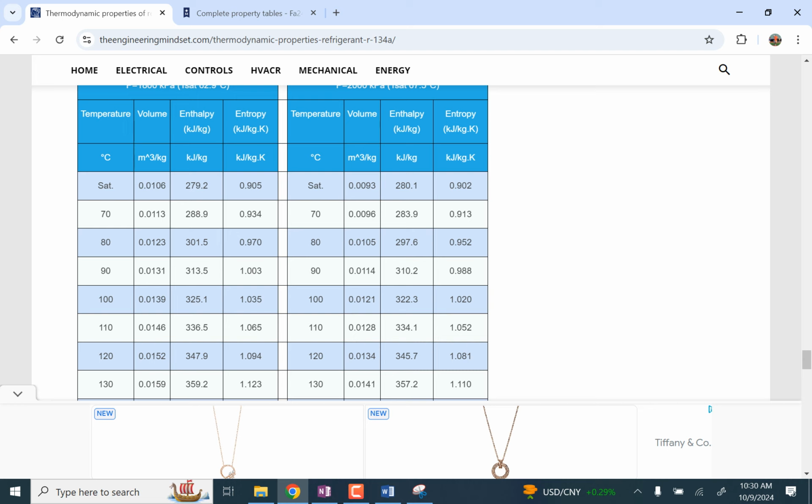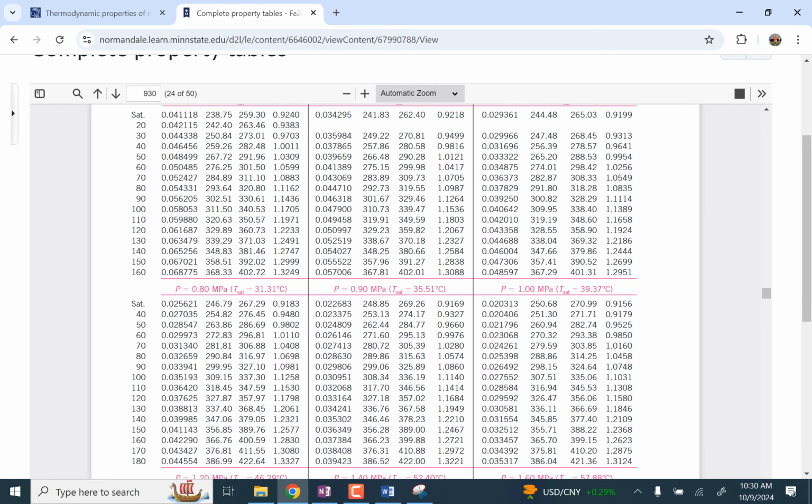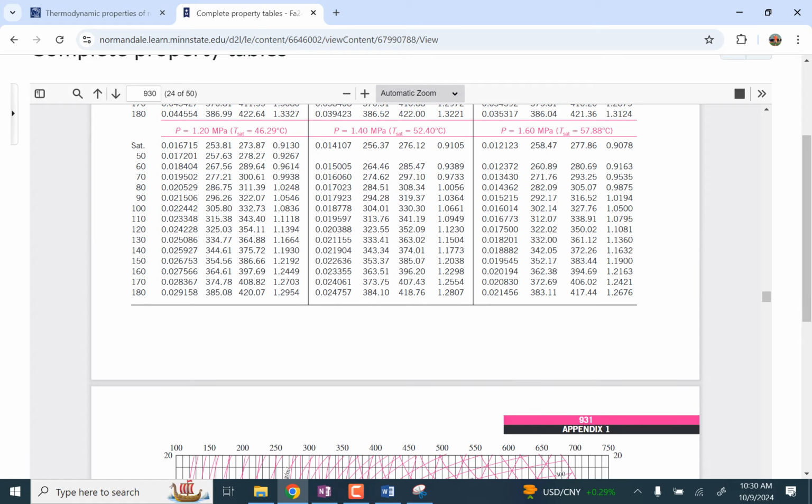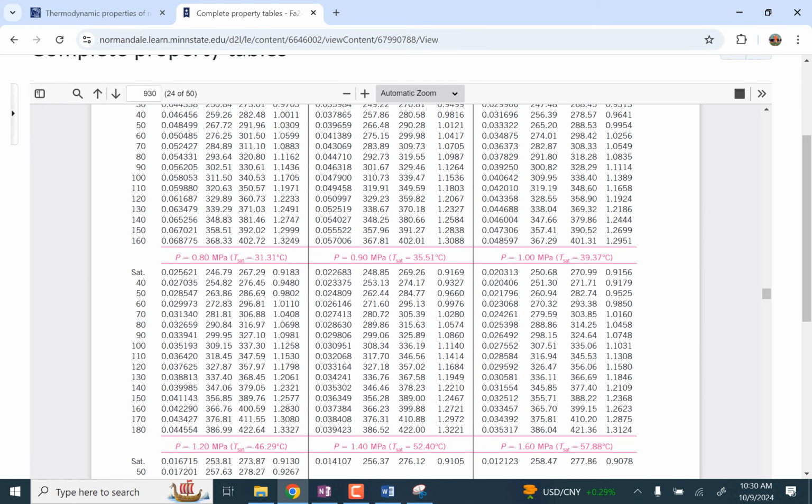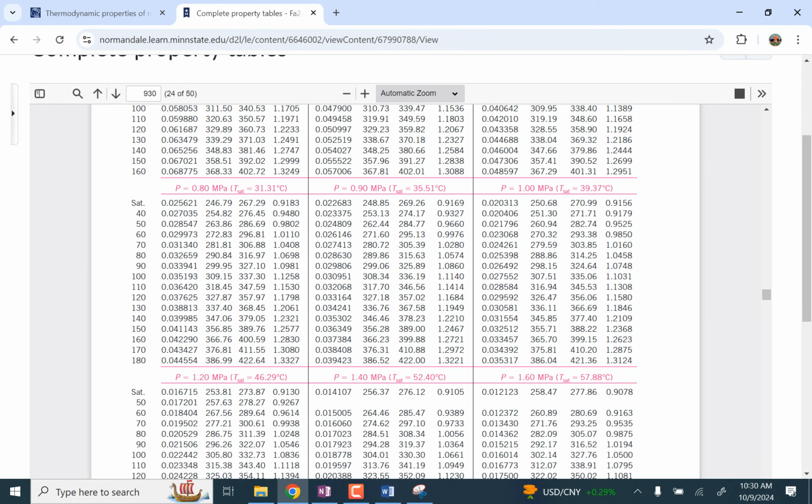So listen, you're doing these daily problems to get ready for tests and stuff. If that happens, I think the most useful thing you could do for yourself is just look at this table, say that it doesn't go to 20 bar, it only goes to 1.6.